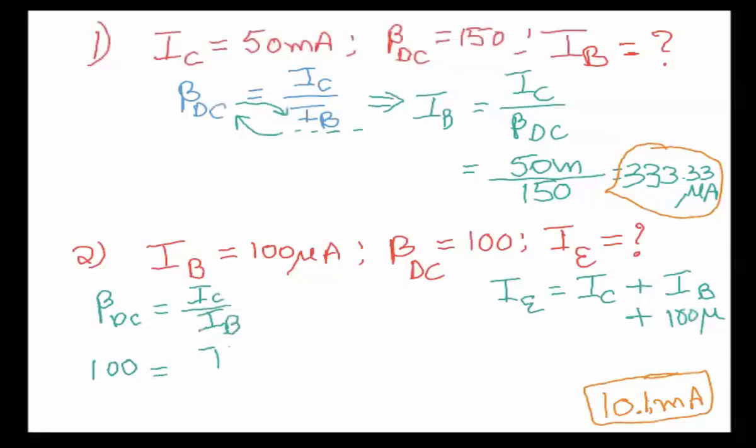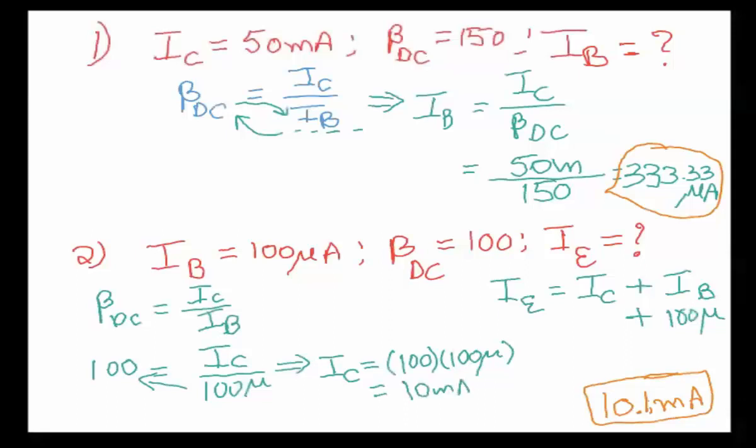We are finding IC, and IB is given as 100 micro. So all you do is cross multiply. IC is 100 times 100 micro, so that's 10 milliamps. The collector current would be 10 milliamps.